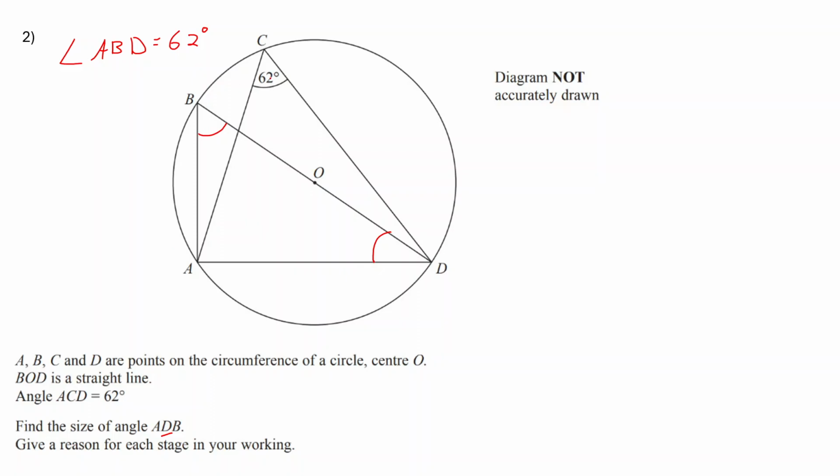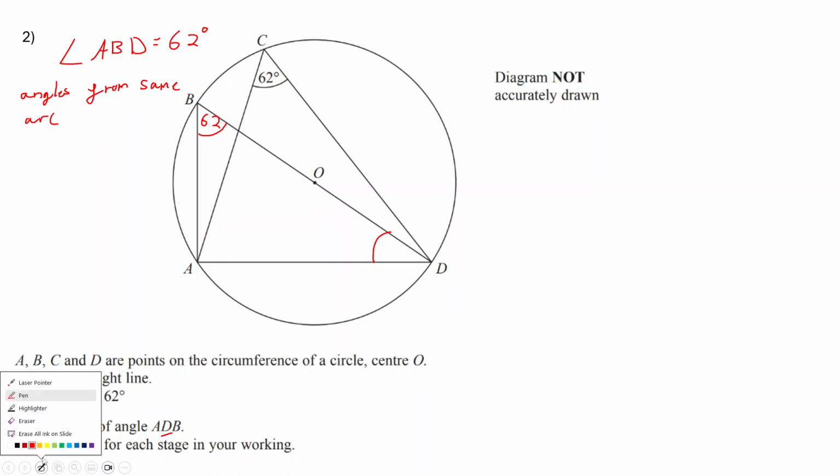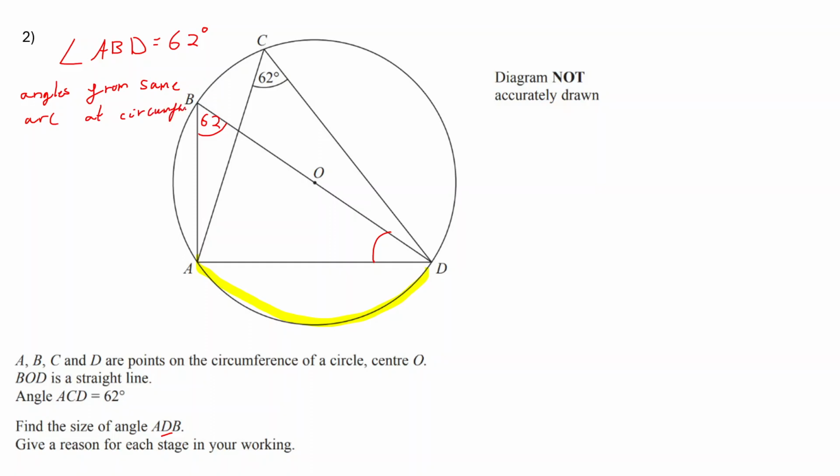And the reason that these two are both 62, and we've got to state the reason, is because angles from the same arc, because these angles both come from this same arc, which is down here. So angles from the same arc at the circumference are equal. We need to know these circle theorems off by heart to state them in the exam. So that's useful.